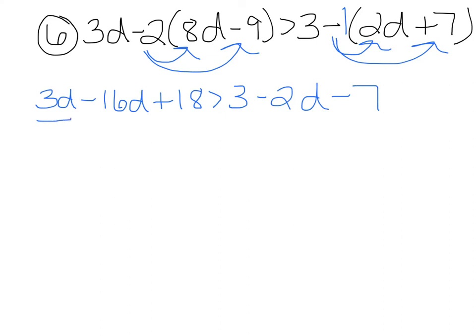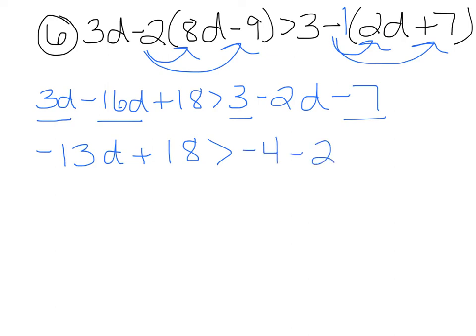I can combine the 3d and the negative 16d to get negative 13d plus 18 is greater than, I can combine the 3 and the negative 7. That would give me negative 4, and I still have the negative 2d.